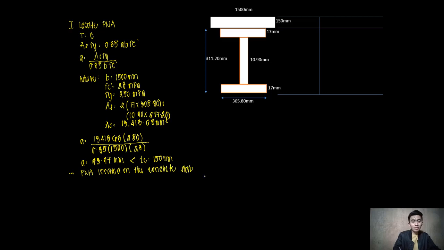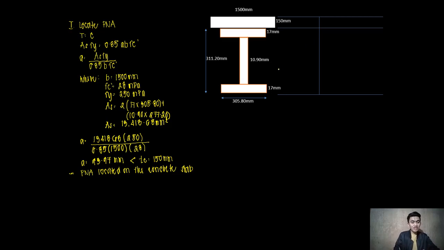So we now know the location of our plastic neutral axis is here on our concrete slab, 93.97 from the topmost part of our composite beam.